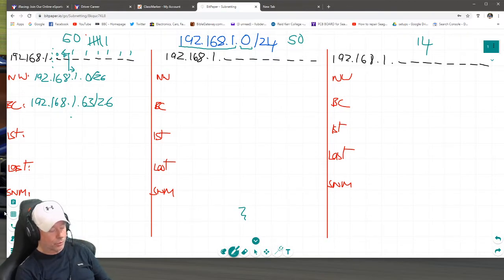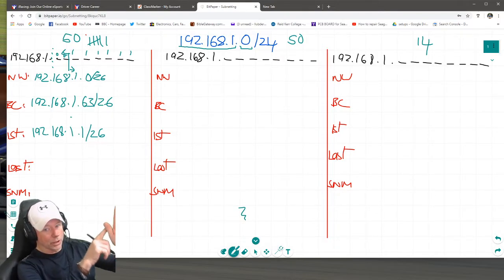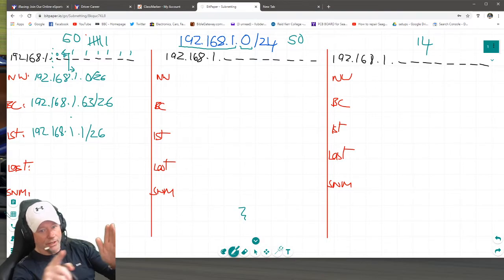So that means the first usable address is just the network address plus 1, right? So what's that? 192.168.1.0. So you add 1 to that. Well, that's not difficult, is it? It's 192.168.1.1/26, right? And then the last usable IP address, so you've used the first bookend and counted in 1 book, and for the last usable, go right to the very end, get the last bookend and go back 1, so you subtract 1.